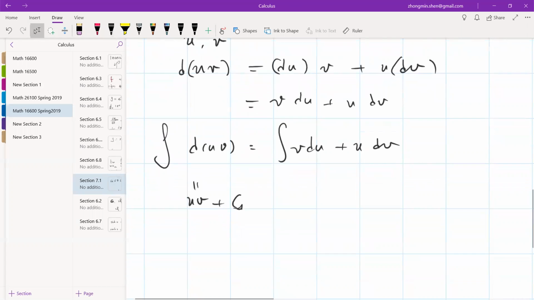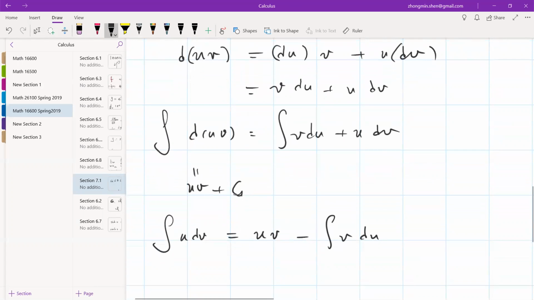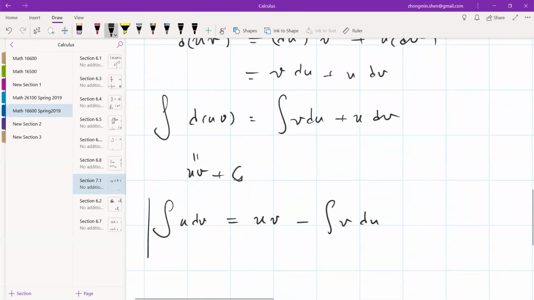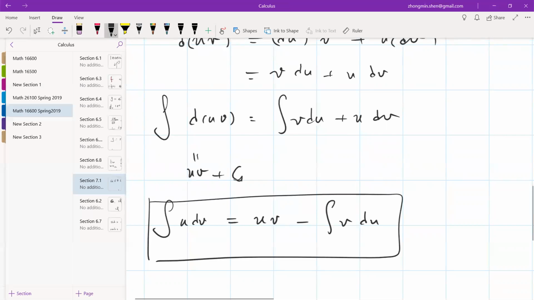So this means the integral of u dv is going to be uv minus the integral of v du, moving this to the other side. Now I don't need to put a constant here because the indefinite integral has another constant inside. So you have this identity, coming from above. That's called integration by parts.